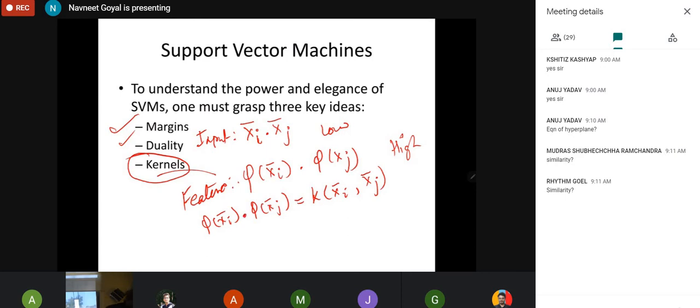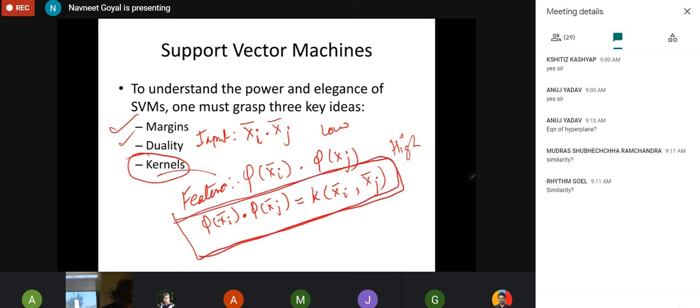So what do you understand by this? This is a very, very important aspect of SVMs and kernels. What do you make out of this particular expression that I have written here? What is the main thing in this?